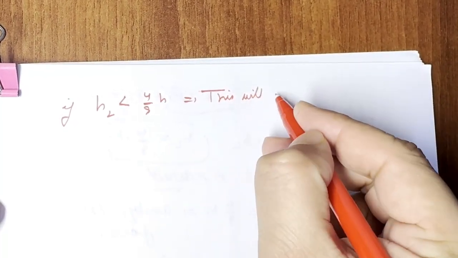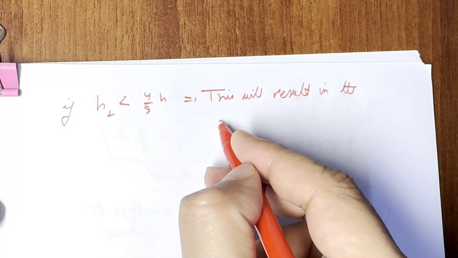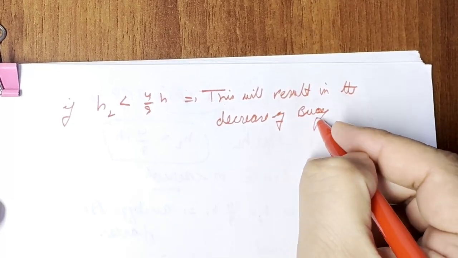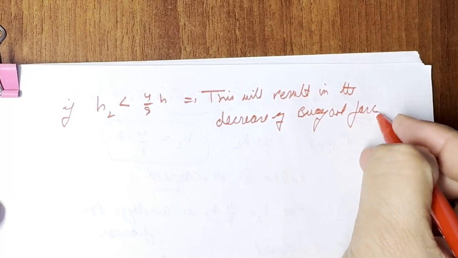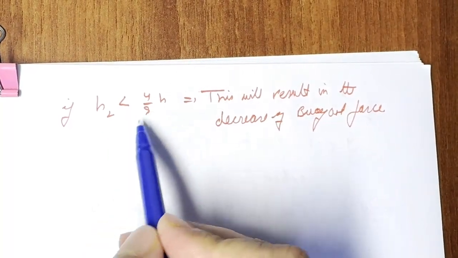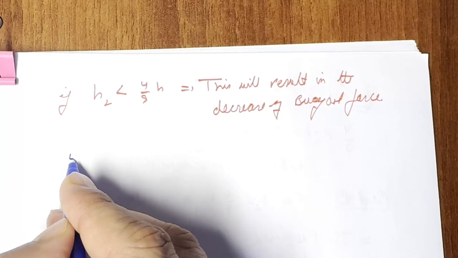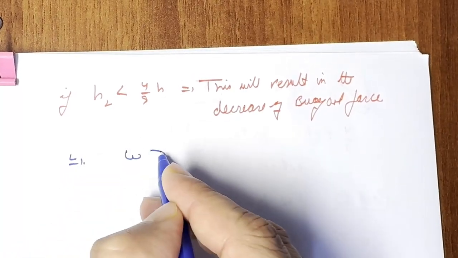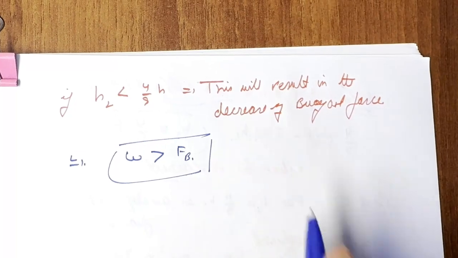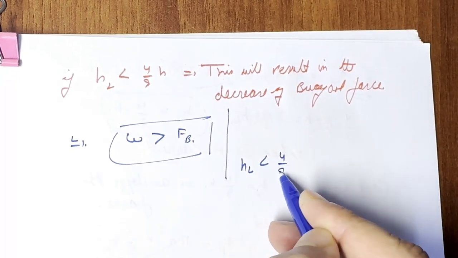So for any value which satisfies this relationship, the buoyant force will be reduced, and under this condition the weight will be on the higher side as compared to the buoyant force, whenever H2 is less than 4 by 9 H.